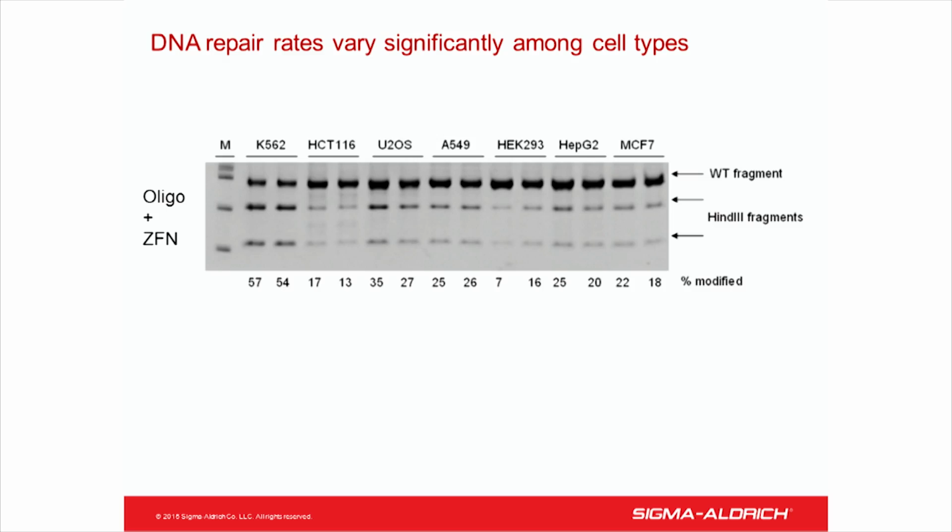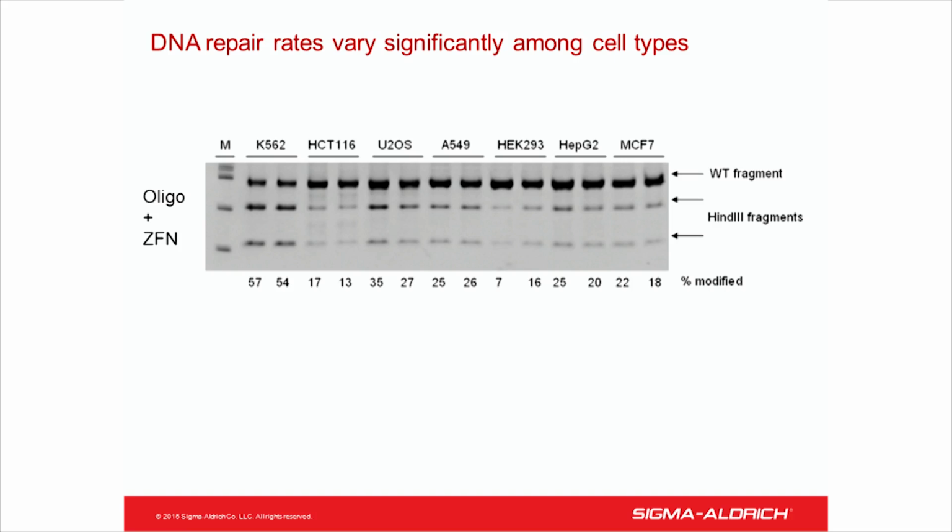This is from the oligo paper. Actually, in this data set, if I had to predict ahead of time which one would have been the least, I wouldn't have thought it would be HCT116. So when we did this with plasmids, HCT116 is known to do HR quite well on its own, but it doesn't do oligos very well for some reason.